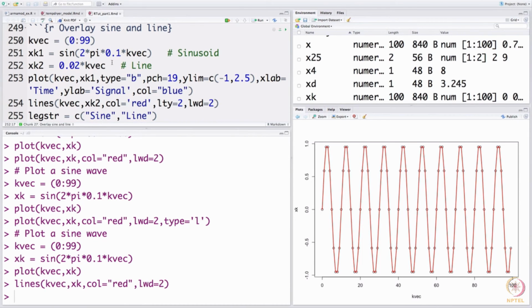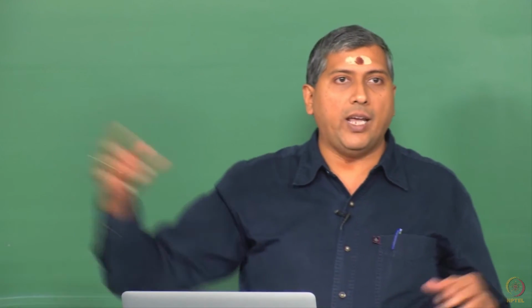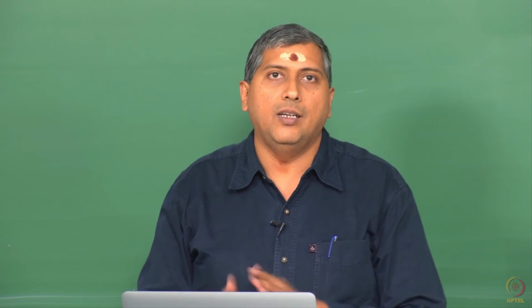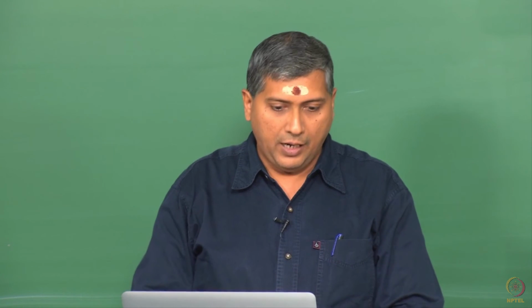What lines does is, it keeps the plot window open and it overlays the new plot on top of the existing one. But in doing so, unfortunately, it does not adjust the y axis limits for the new series that it is drawing. Suppose the new series has a larger or a different y axis limit, then unfortunately the basic plot or lines do not adjust themselves.